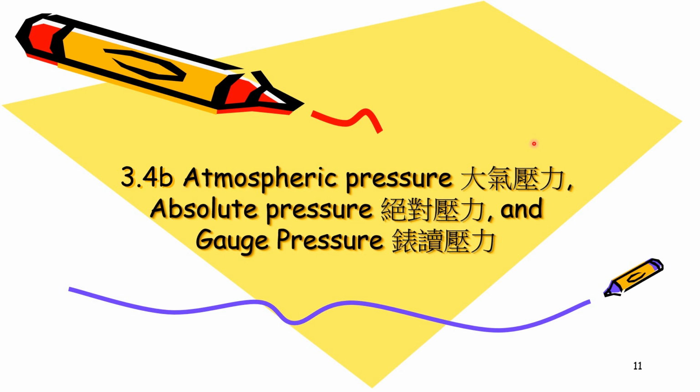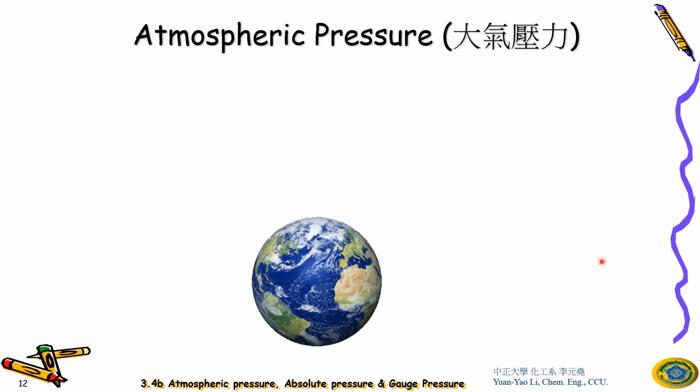Right. So now let's move to another topic, which is 3.4b, atmospheric pressure, absolute pressure and gauge pressure. What is atmospheric pressure? Atmospheric pressure is 1 atm. When we stay here, it's roughly 1 atm, which is 760 millimeter mercury, right? So why this number?